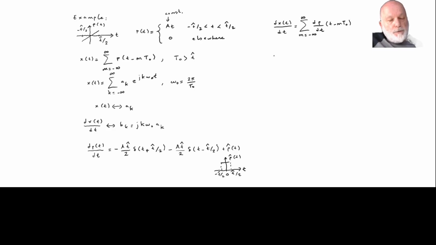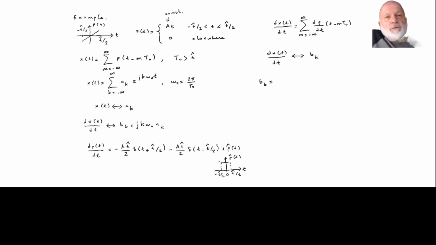Therefore, dx of t by dt will have Fourier series coefficients, let us show them by bk. And bk will be equal to, by inspection, we have these two impulses and we have the rectangular pulse.